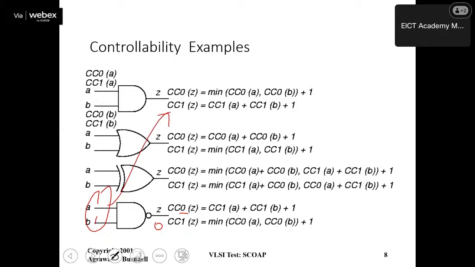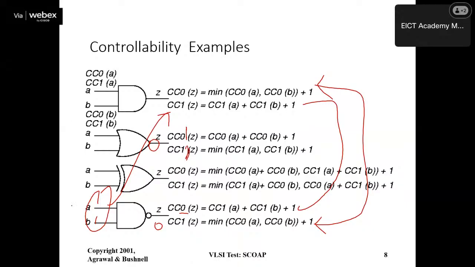So it means these are interchanged. Likewise, for XOR gate and XNOR gate also it will remain the same. For OR gate and NOR gate, it will remain the same. For NOR gate, you can see if there was a NOR gate, and this was CC1 of it, and this was CC0, this will get converted to CC0.